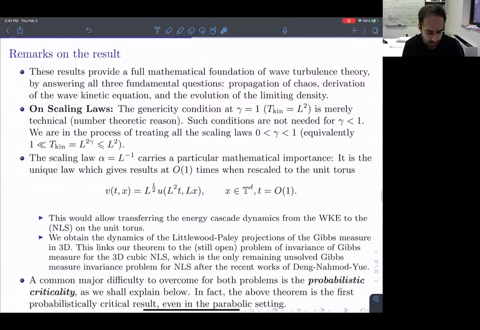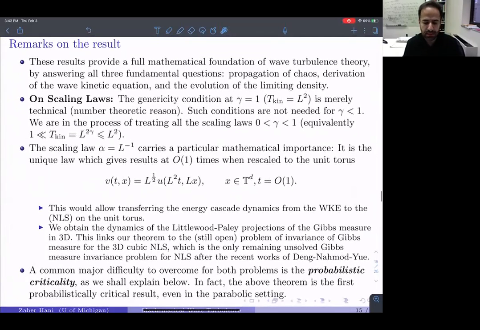So some remarks on the results. These results provide a full mathematical foundation of wave turbulence theory, by answering all three fundamental questions: propagation of chaos, derivation of the wave kinetic equation, and the evolution of the limiting density. I should definitely remark on scaling laws.